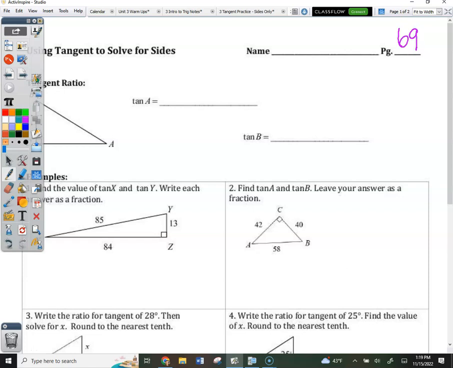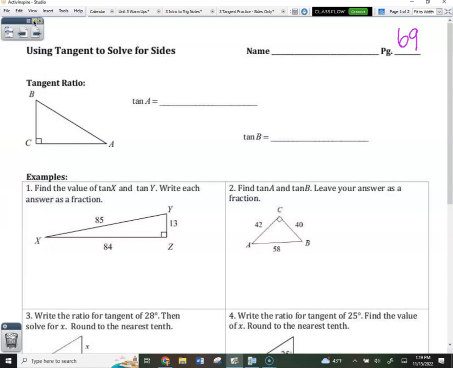Using tangent to solve for sides. This entire sheet is just tangent. Go to the top of your paper. It says, what's the tangent ratio? And then I gave you a blank triangle.